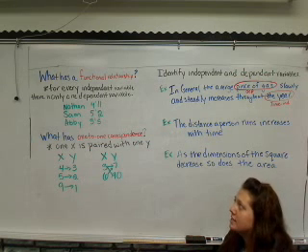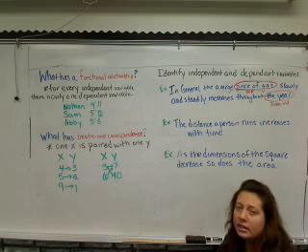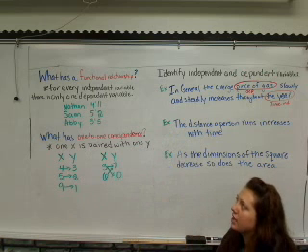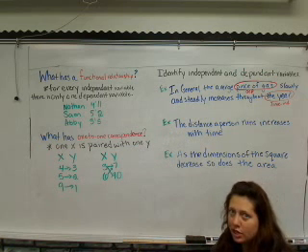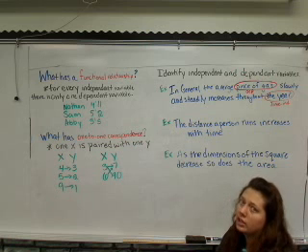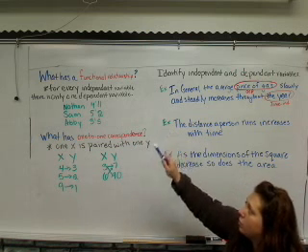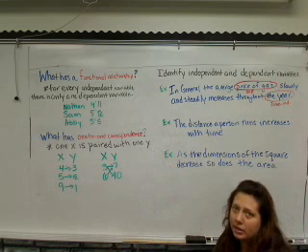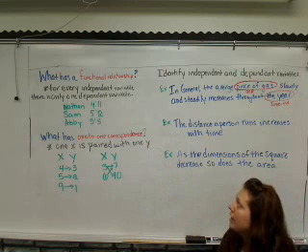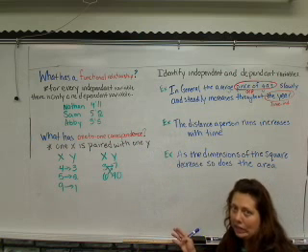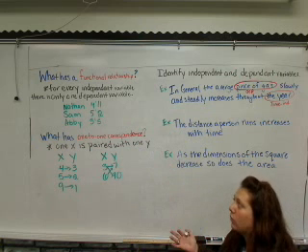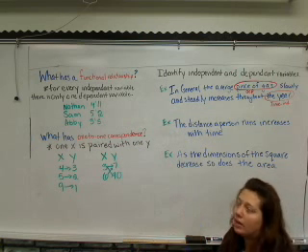So you might be asked, does this data, given some things, have a functional relationship? And you know that it has a functional relationship if for every independent variable, there's only one dependent variable. Okay, so Nathan can only have one height, and Sam can only have one height, and Abby can only have one height.